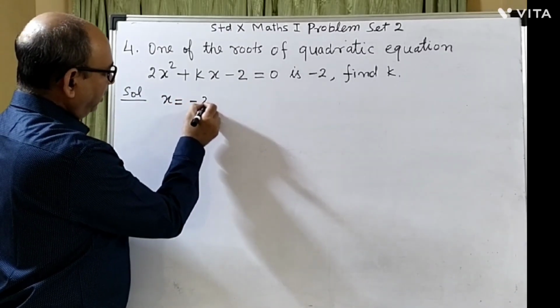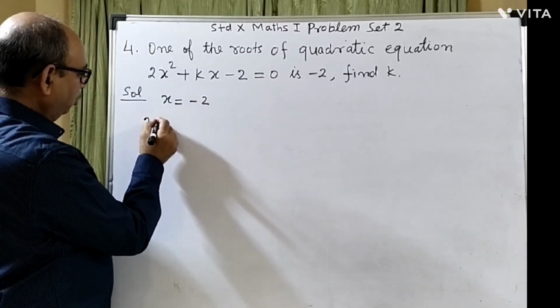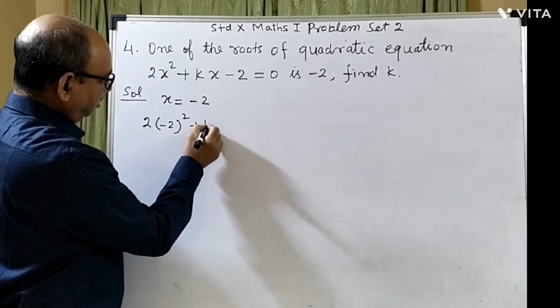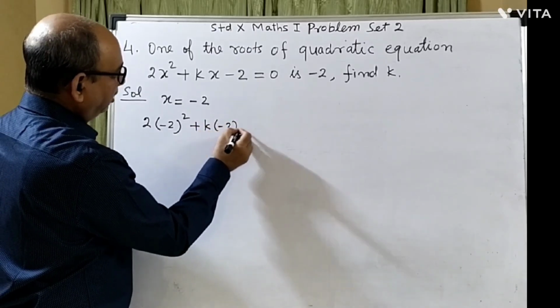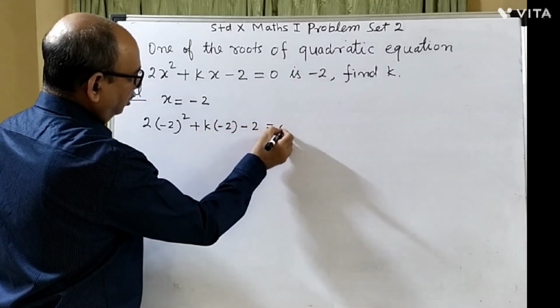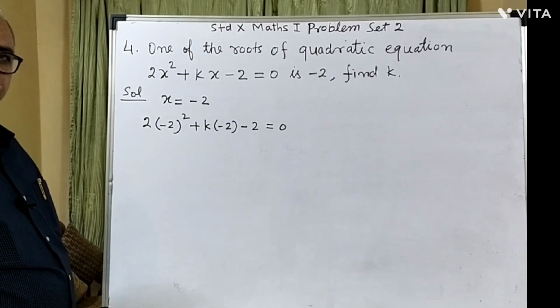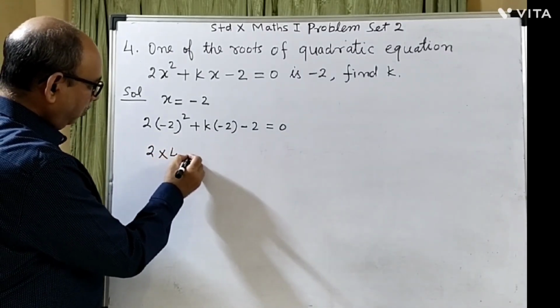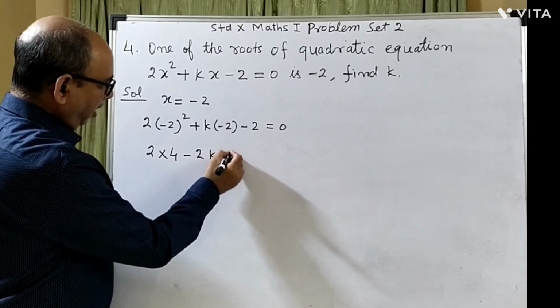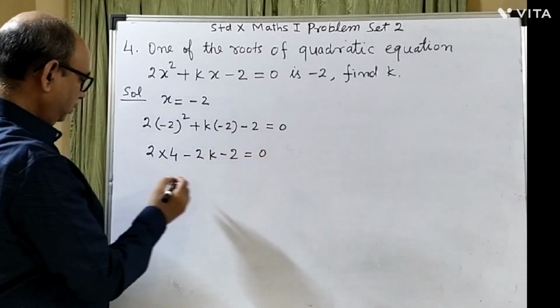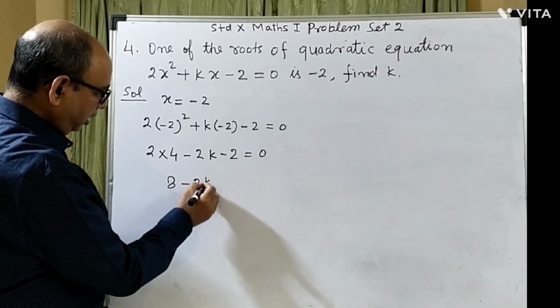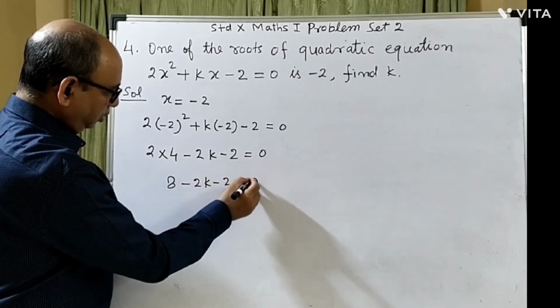x is equal to minus root 2. 2x square, minus root 2 square, plus kx minus 2 is equal to 0. 2 into 2 minus root 2 k minus 2 is equal to 0. 4 minus root 2 k minus 2 is equal to 0.